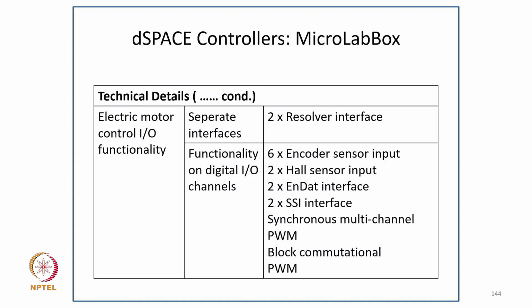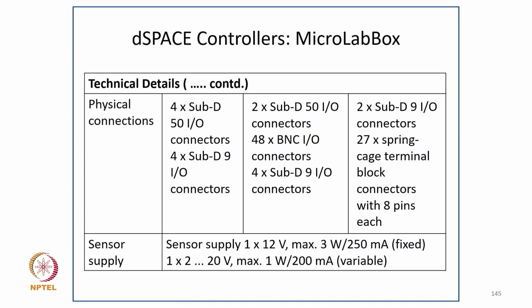So 6 encoder sensor inputs, 2 Hall sensor inputs, 2 interfaces, 2 SSI interfaces, synchronous multi-channel PWM, block communication, computational PWM, and physical connection: 4 times sub D50 input output connector, 4 times sub D9 input output connectors, and 2 times sub D50 connectors, and 48 BNC input output connectors, 4 sub D9 input connectors, and 2 sub input connectors, 27 spring cage box connector with the input output port, and sensor supply 1 times 12 volt, maximum 3 watt 250 milliampere fixed, and 1 times 220 volt, maximum 1 watt 200 milliampere available.